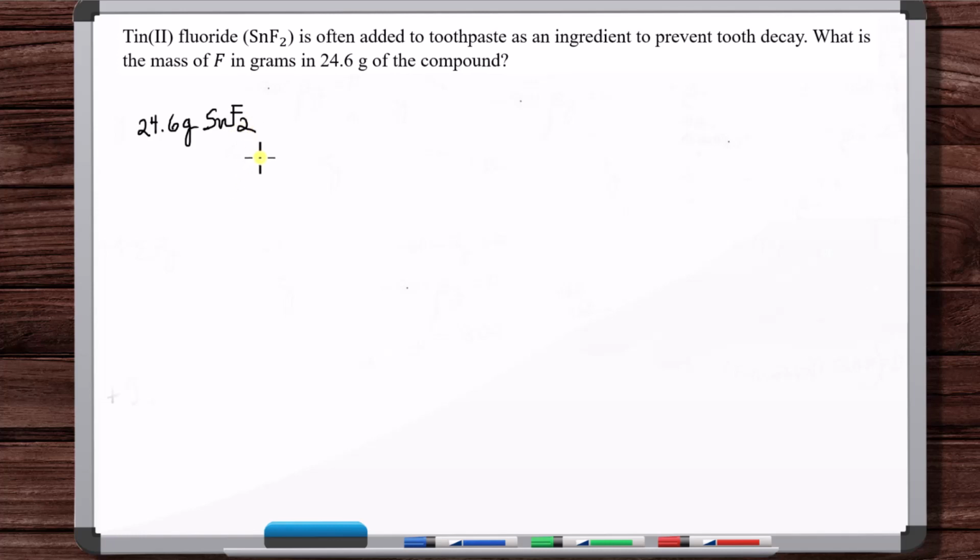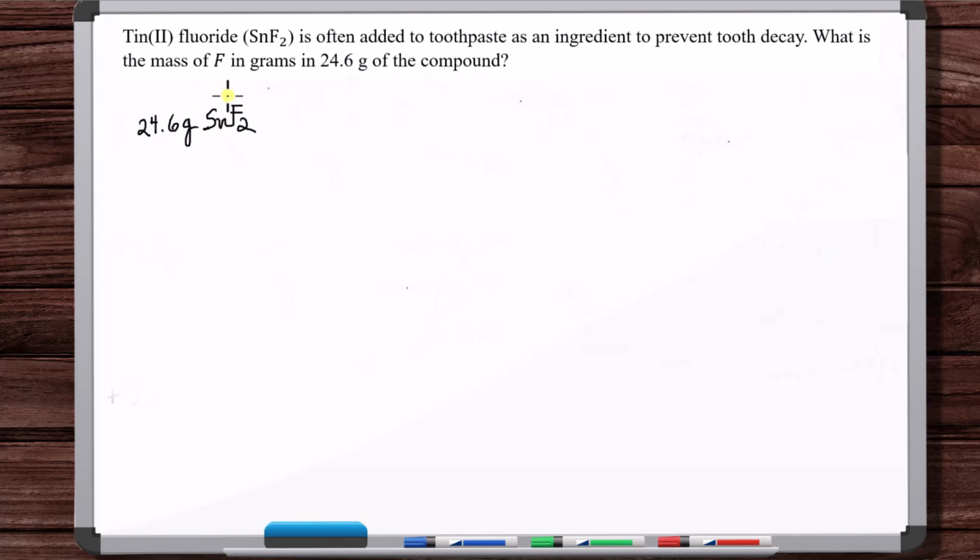Now we want to get to units of F. So we can convert this to moles, and then once we've got the moles of SnF2, we can say for every 1 mole of SnF2, you've got 2 moles of F. Because you can think of a mole as just like a dozen.